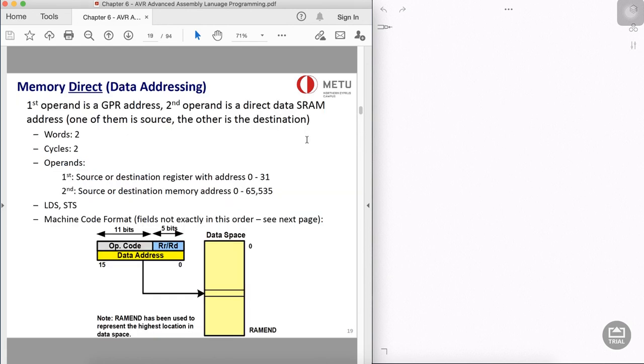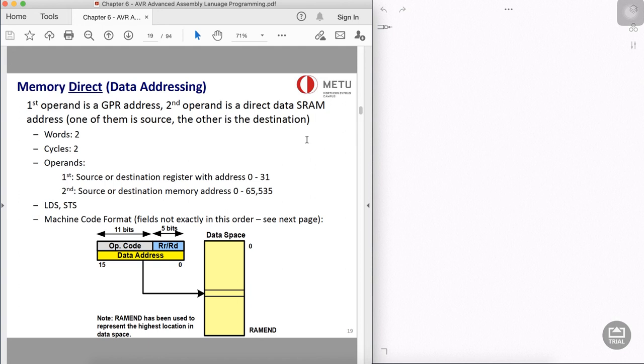Memory direct addressing is one of the important ones because we are going to see some indirect addressings as well, and we are going to compare them in this lecture. With memory direct, we can access the entire memory using either direct or register indirect addressing modes. The first operand is a GPR address, and the second operand is a direct data SRAM address.